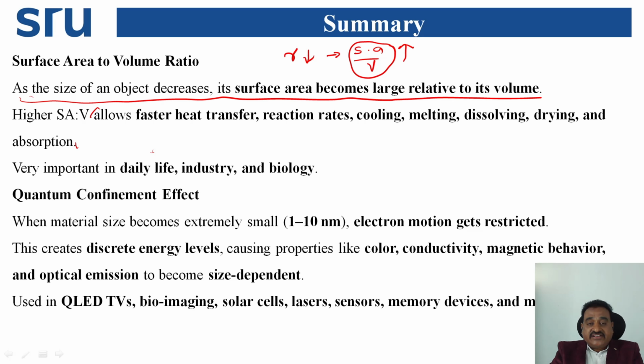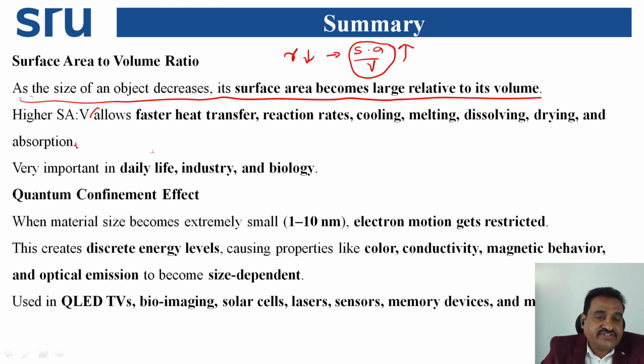The changing energy levels give the different properties to nanomaterials. This effect is called quantum confinement. The changing energy levels change the color, the conductivity, magnetic behavior, and optical emission to become size dependent.